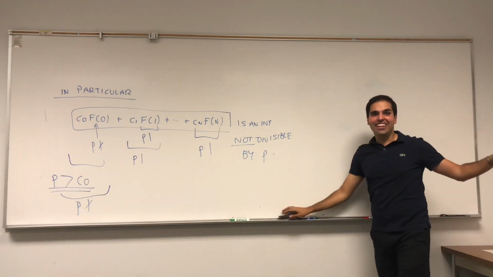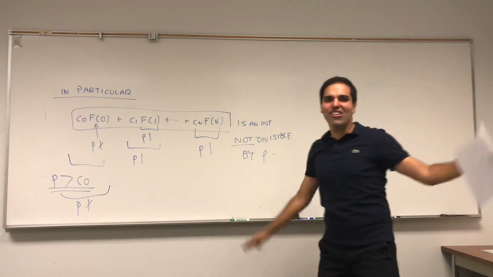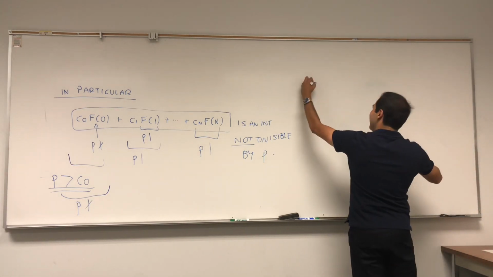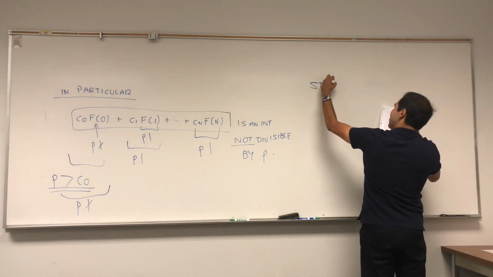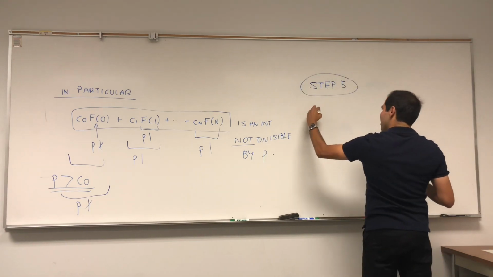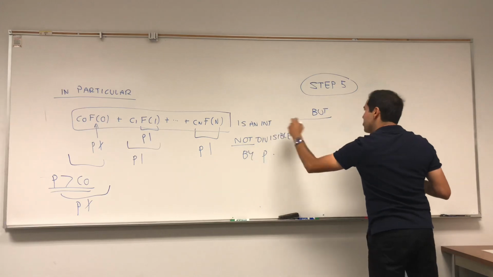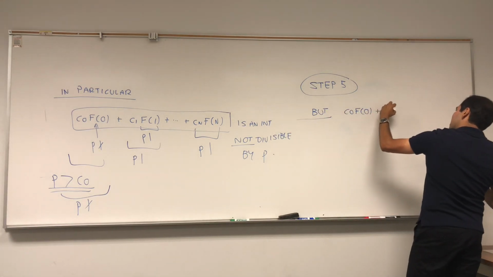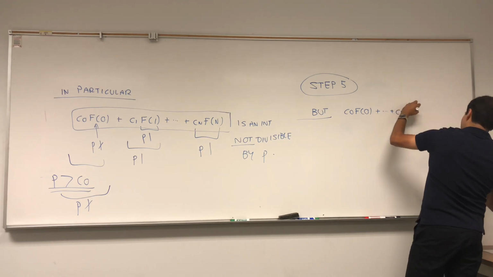Because remember, in a galaxy far, far away and a long, long time ago, we showed the following. So we're sort of going to the crux of the thing. Why did we care about this linear combination, c0 f of 0 plus blah, blah, blah, plus cn f of n?